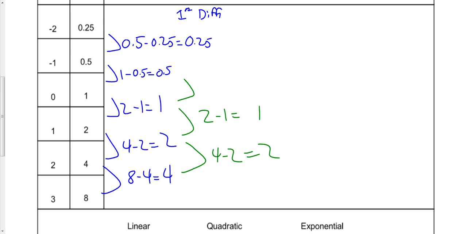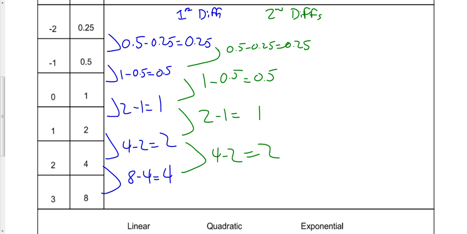We're going to do 1 minus 0.5, and that equals 0.5. And finally, we're going to do 0.5 minus 0.25, and that equals 0.25. So my second differences are also not the same.